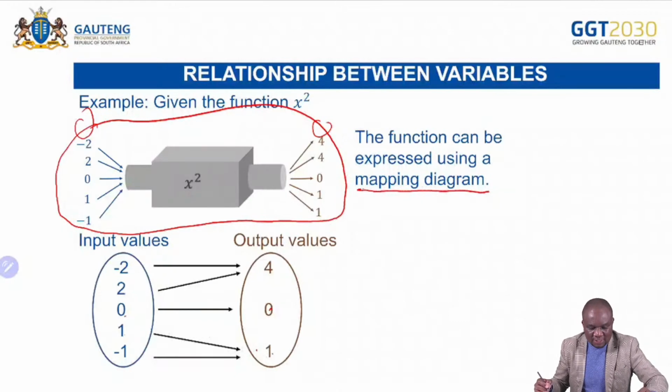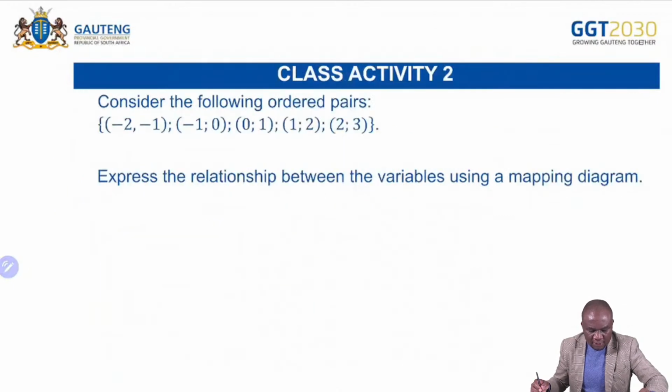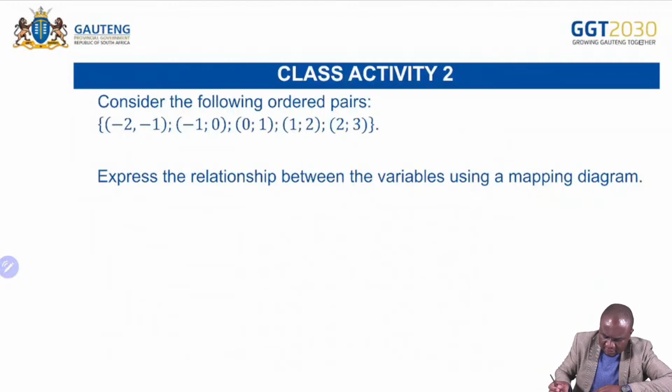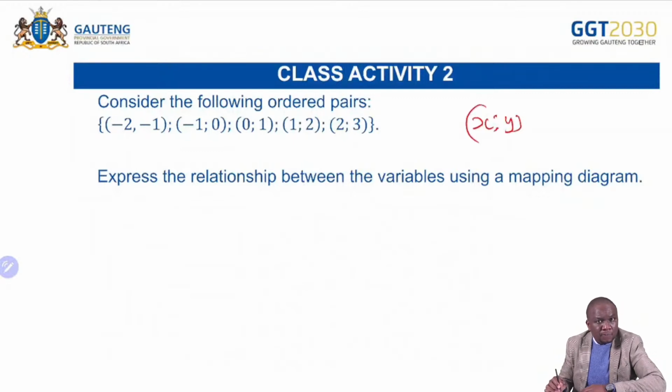Now, let's do the activity. Consider the following ordered pairs. We didn't talk about ordered pairs. Ordered pairs mean x and y coordinates. We've done x and y coordinates. The first number is your input value, and the second number is your output value. So these are the ordered pairs.